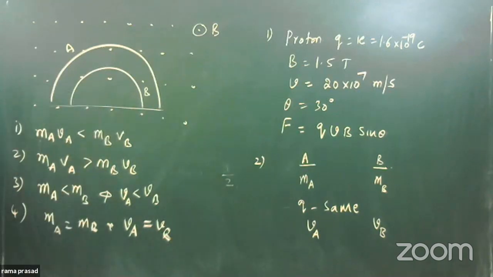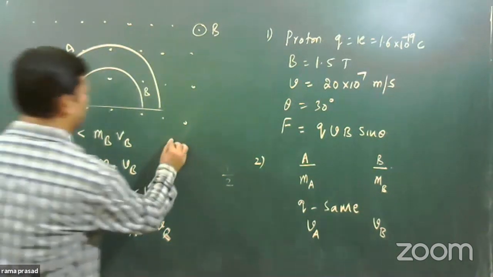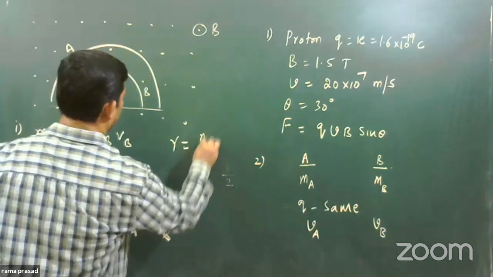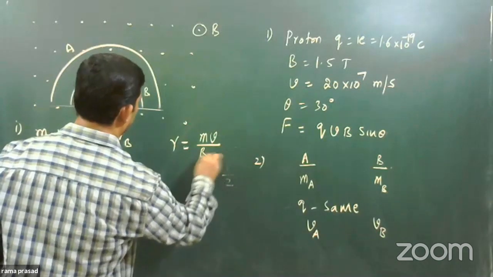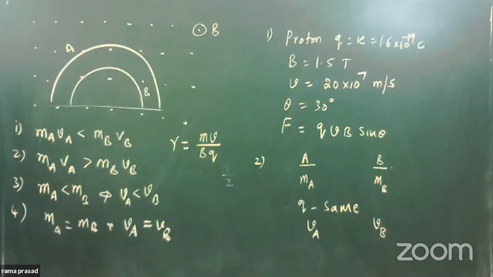Which option is correct? That is asked. What is the formula for the radius of the circular path? We know R is equal to MV by BQ.